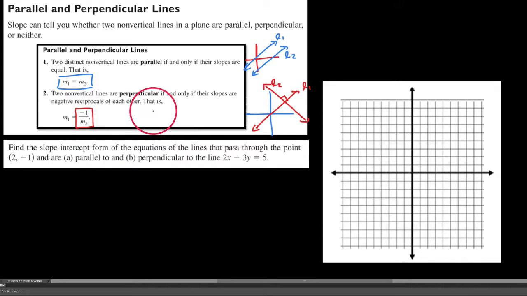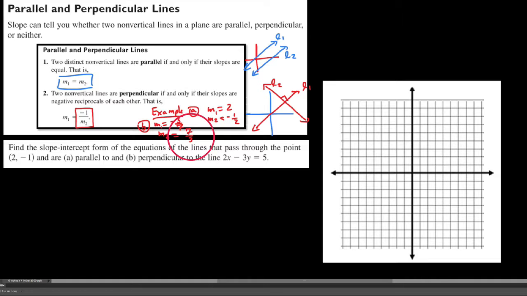As an example of negative reciprocals, if the slope is equal to 2, then the negative reciprocal would be negative 1 over 2. Or as another example, what if I had m equal to negative 3 over 7 as my slope? That's slope 1. Then slope 2, being perpendicular, would be a positive 7 over 3.